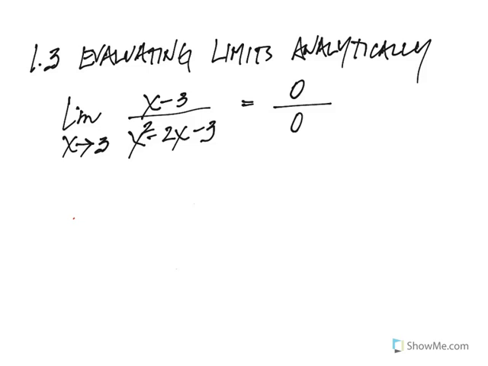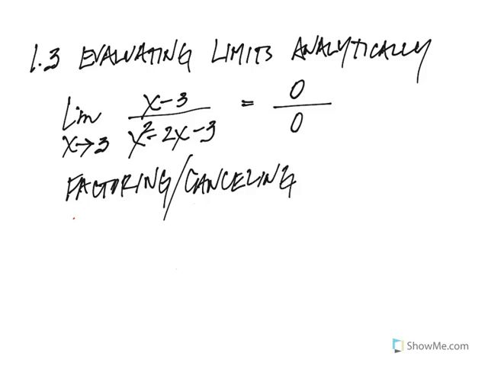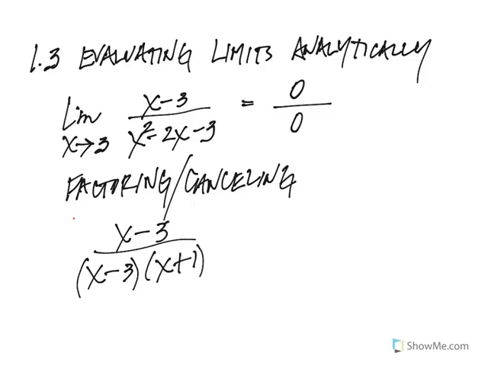One of the techniques that you're going to use today is just factoring and canceling. If you recall, I think we actually worked through this in class the other day. The bottom factors to x minus 3 times x plus 1.